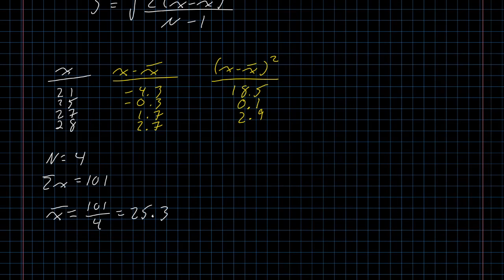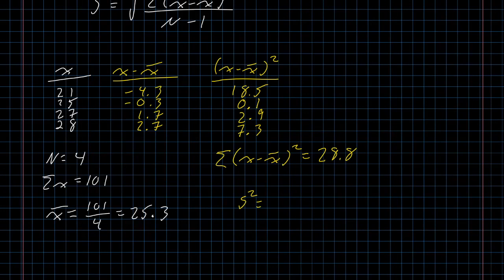And then 2.7 squared is 7.3. Then from here, we want to add together all of the x minus x bar squareds. So 18.5 plus 0.1 plus 2.9 plus 7.3, my calculator tells me comes out at 28.8.